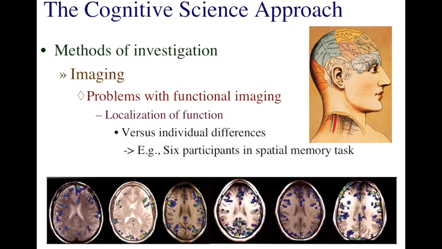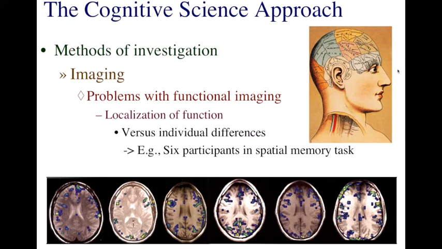If we look at this person over here, for example, we can see lots of activity happening in this part of the brain, but it's not happening with these other participants. And this participant has lots of activity in this part of the brain. This participant has none.